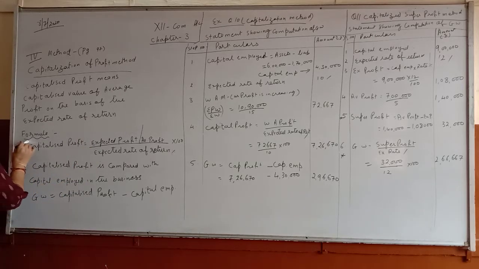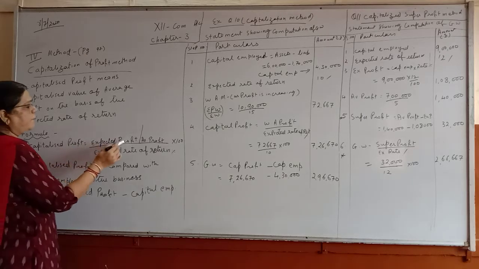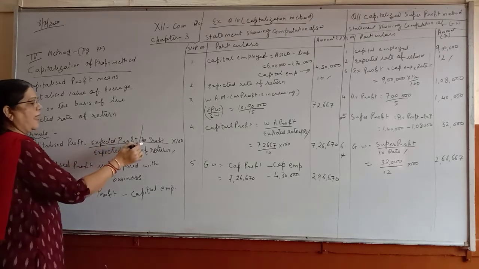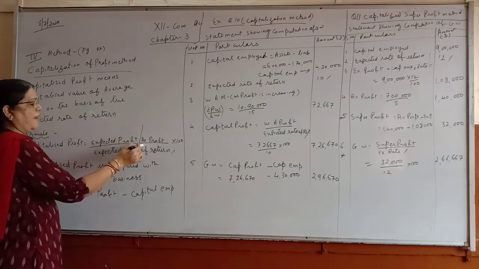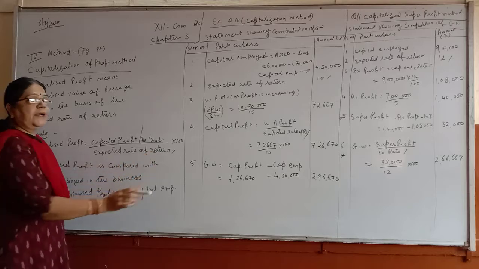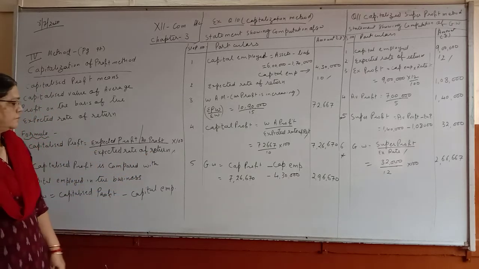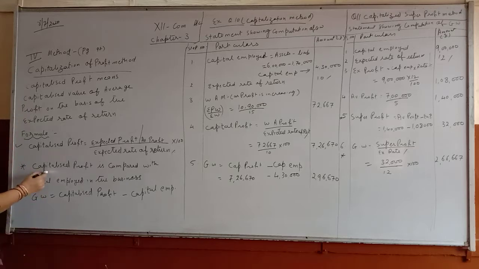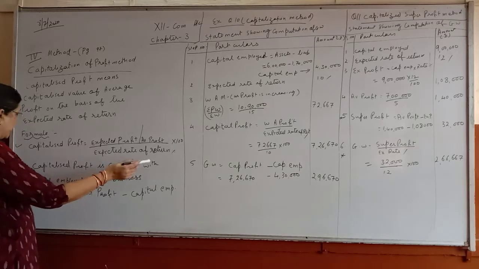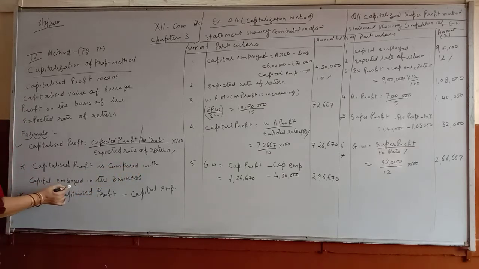The formula which is given: capitalized profit means expected profit or average profit upon expected rate of return multiplied by 100. Capitalized profit is compared with the capital employed in the business.